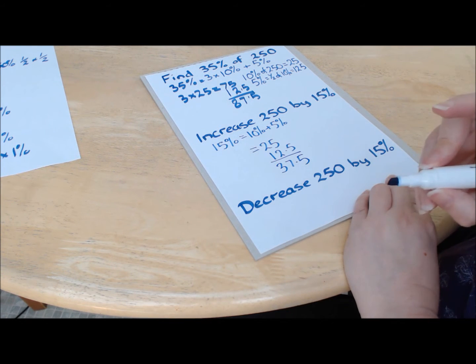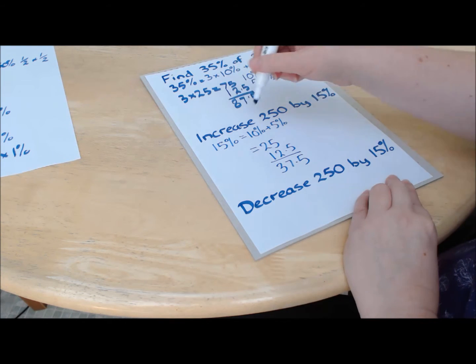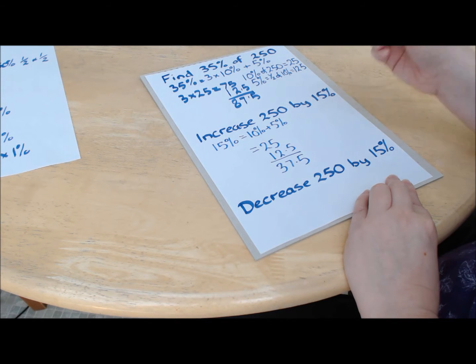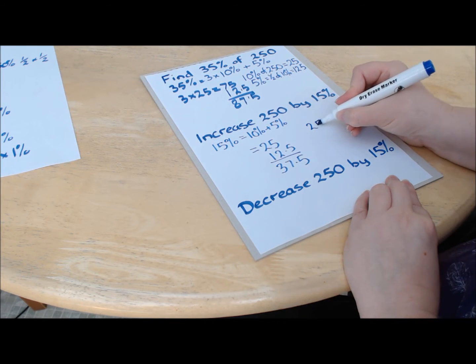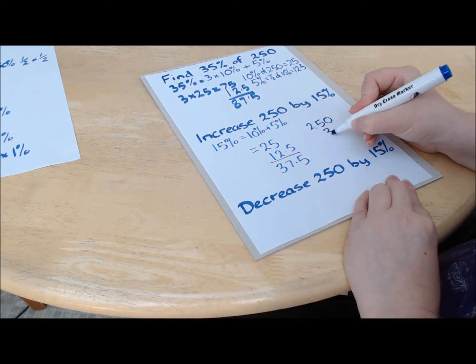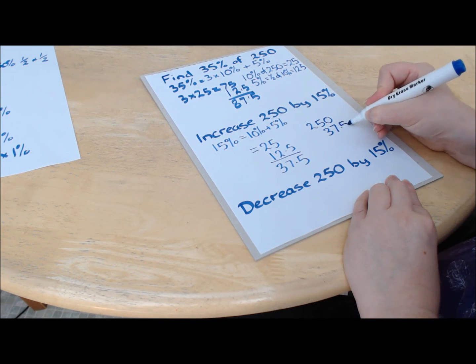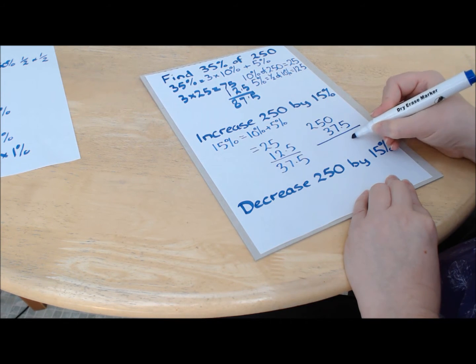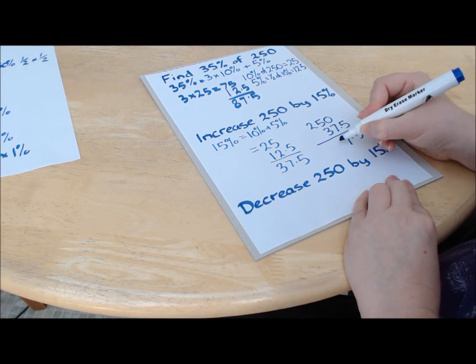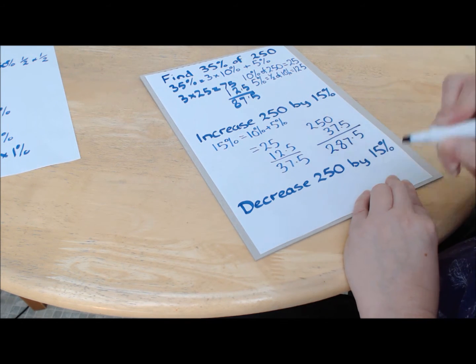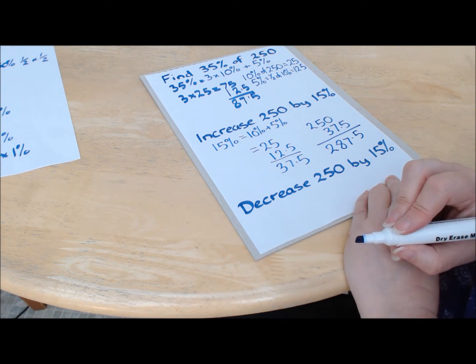But we've got one last thing to do here because it said increase by 15%. So now we need to add that on to our original amount. So that's going to give us 287.5.